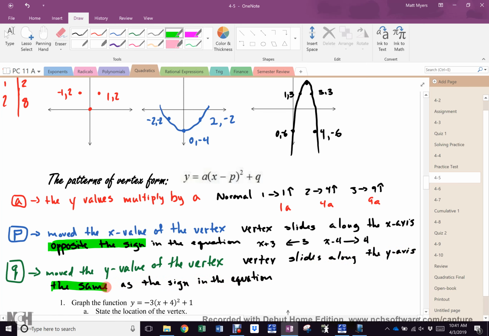And I'm going to highlight the same. So if it is x squared plus 4, it's going to go up 4. If it is x squared minus 7, it is going to go down 7. Is everybody cool? We all good?